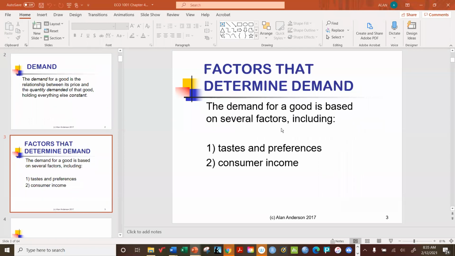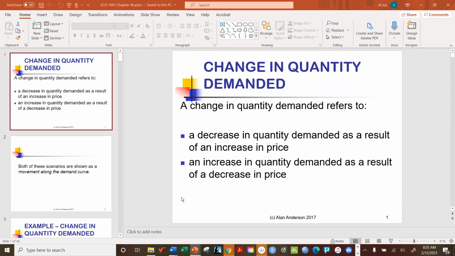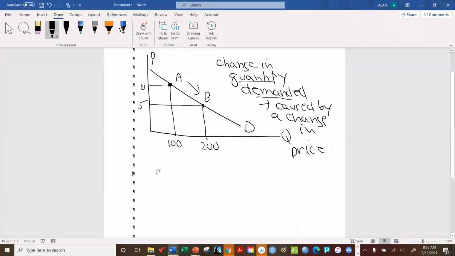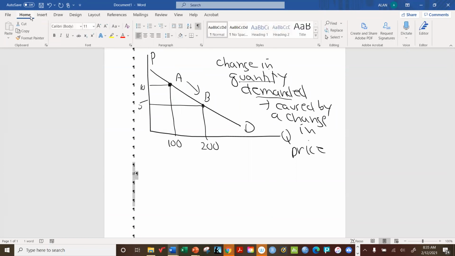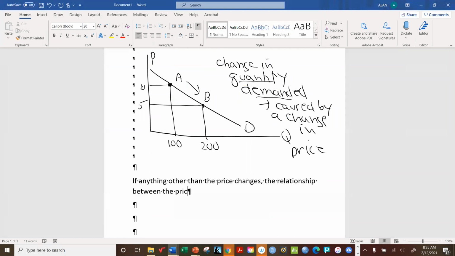So in other words, if anything other than the price changes, the relationship between price and quantity demanded will change.